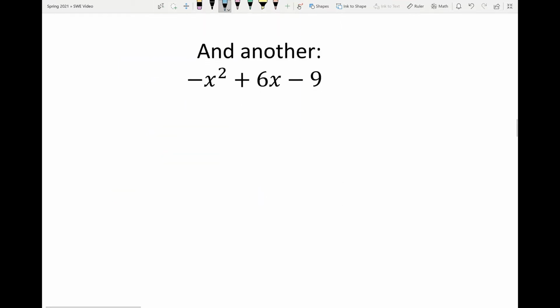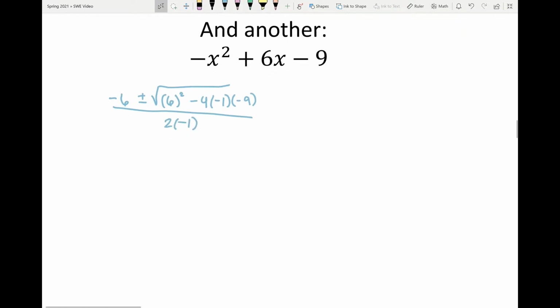This next example, we'll do the same thing. Opposite b, so -6 plus or minus the square root of b squared, so 6 squared minus 4 times the a term times the c term. And that's all over 2 times the a term.